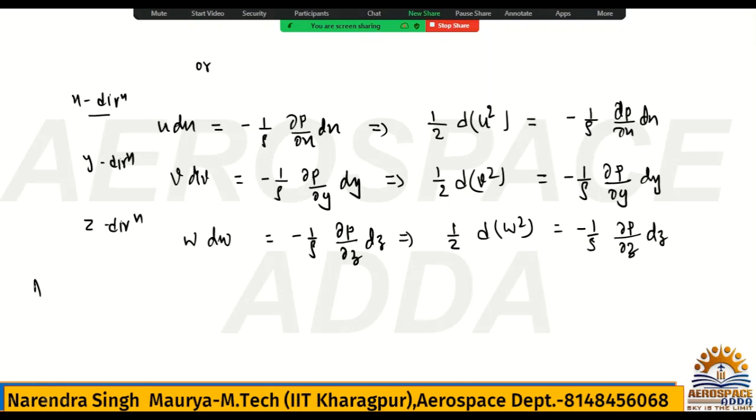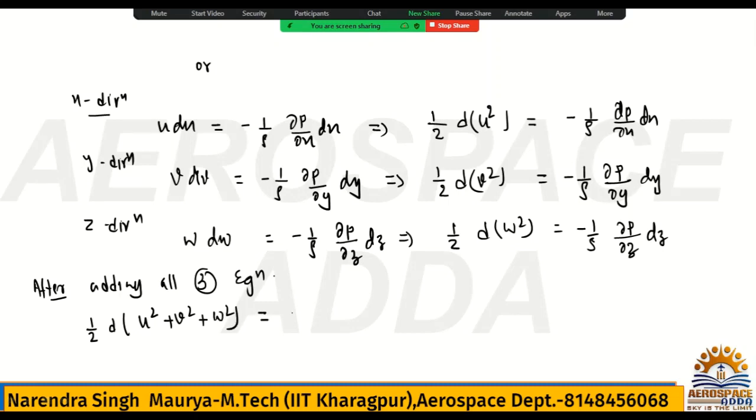If you add all three equations, what will you get? You will have 1 by 2 d in bracket of u square plus v square plus w square is equal to minus 1 by rho in bracket dou p by dou x dx plus dou p by dou y dy plus dou p by dou z dz.